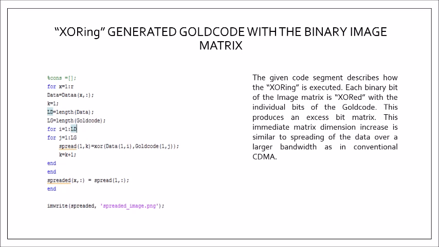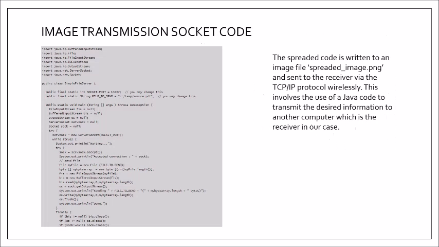Now the goal code is XORed with the binary matrix to get the spread code. The immediate matrix dimension increase is similar to the spreading of data over a larger bandwidth as in conventional CDMA.